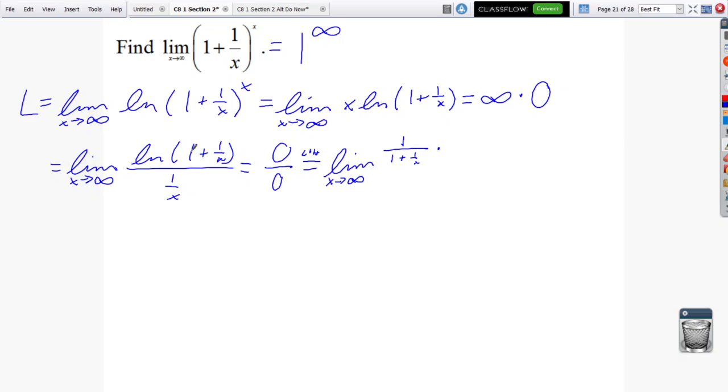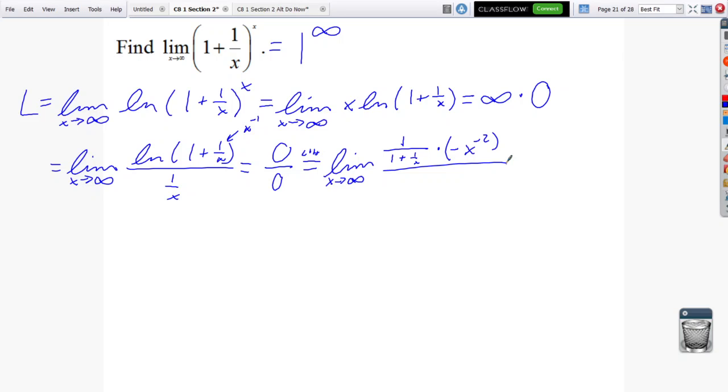The derivative of the stuff: the 1 differentiates down to 0. The derivative of 1 over x, again keeping in mind that it is x to the negative first, is going to be negative x to the negative second, divided by the derivative of 1 over x.